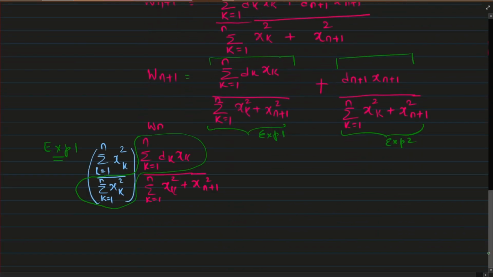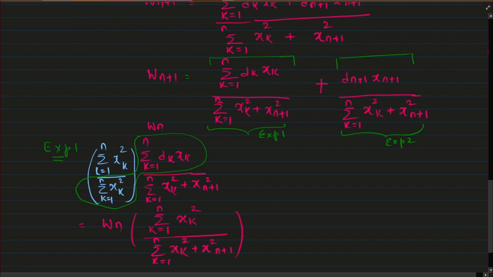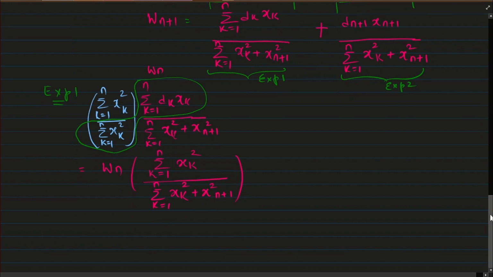So what it becomes then is wn multiplied by the sum from k to n of xk square, and the denominator remains the same, which is this one. So there's a manipulation. Now if you see in this whole expression, we have brought the old weight into the picture. So we are moving towards the recursive formula, and that's why this manipulation was done.